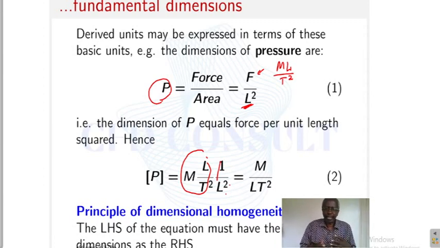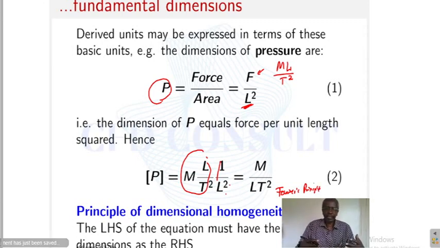So when trying to analyze the operations of our dimensions, then we usually rely on the principle of dimensional homogeneity. This is also called Fourier's principle of dimensional homogeneity.